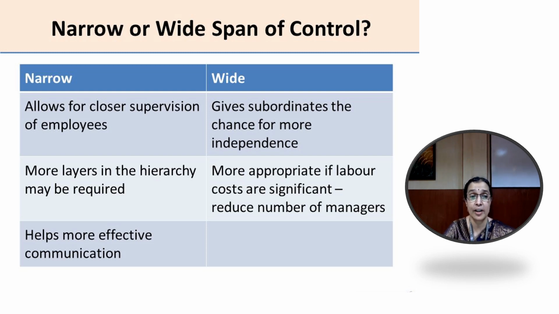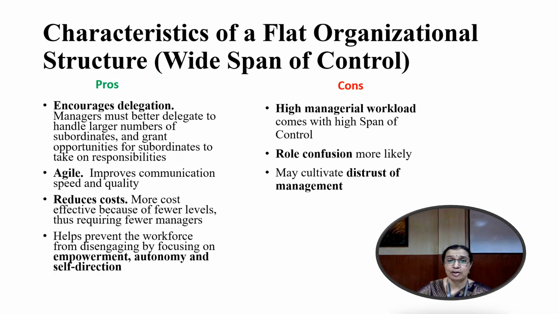It is better to go for a narrow structure. But if the job is known to the employees, they are highly competent, and not much support from the supervisor is required, it is better to go for a wider span of control, where you can have 10 or 15 employees, or maybe more, depending on the nature of the job. So this is the major difference between wide and narrow span of control.